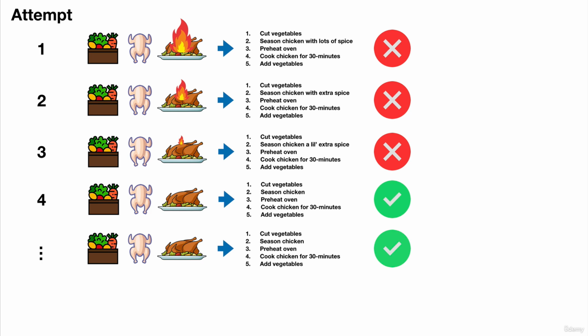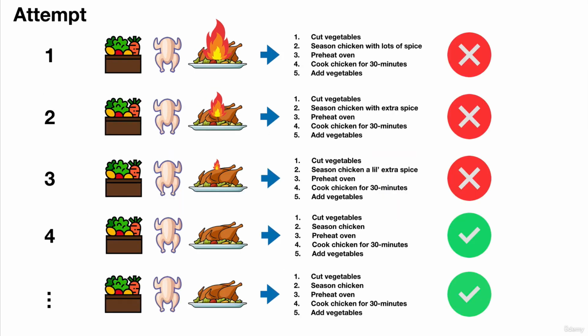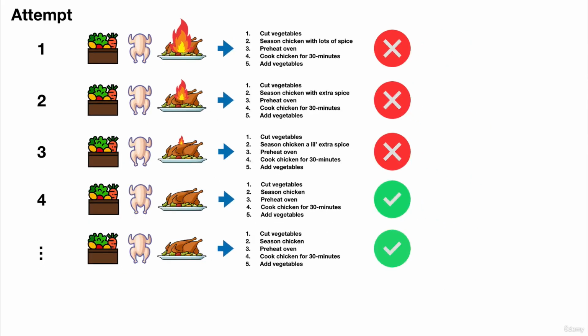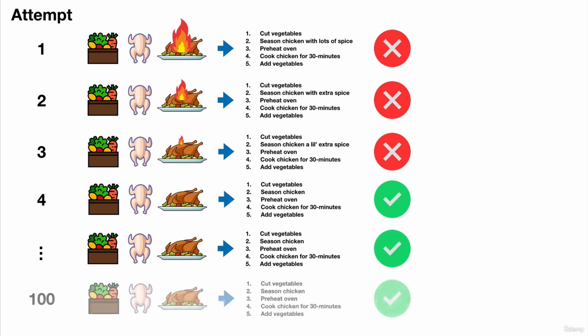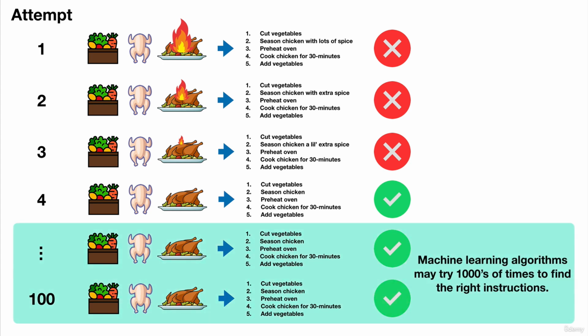If you looked at the set of ingredients and ideal outputs, your favorite chicken dish, 100 plus times, you'd probably get pretty close to figuring out what the set of instructions are to make that dish. Now, we're missing out a few steps here, but this is what machine learning models do in a nutshell. They find patterns collected in data so we can use those patterns for future problems.